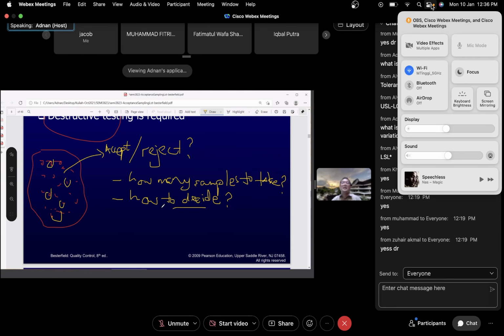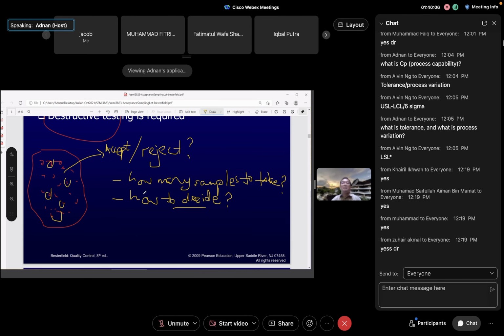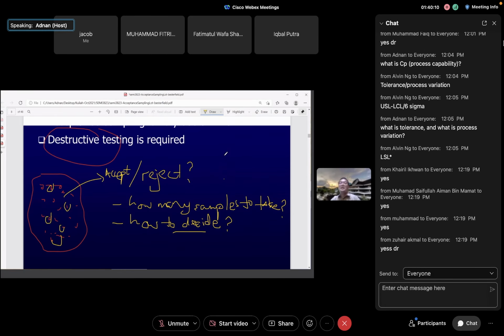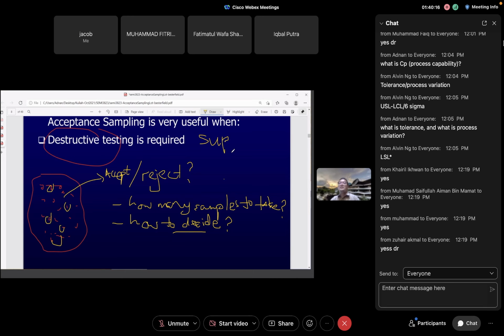This can be a dispute between supplier and customer. So there is a relationship between customer and supplier. The supplier supplies the item, and now you are the customer. So you must have an agreement before you order something.